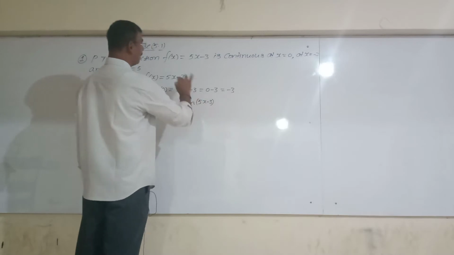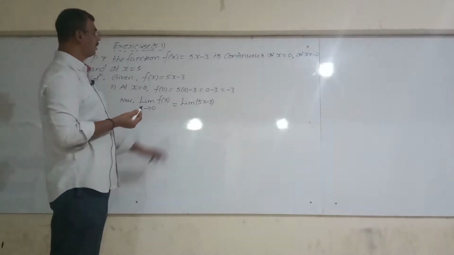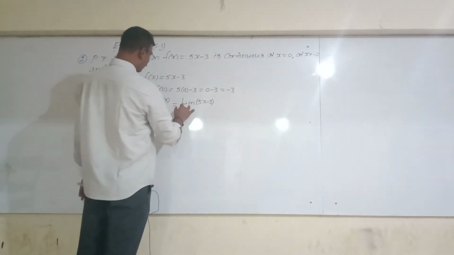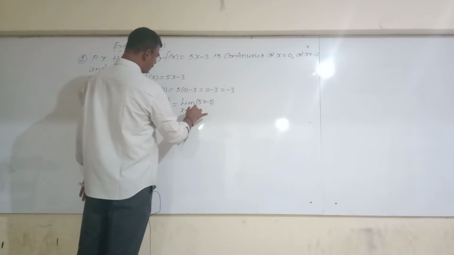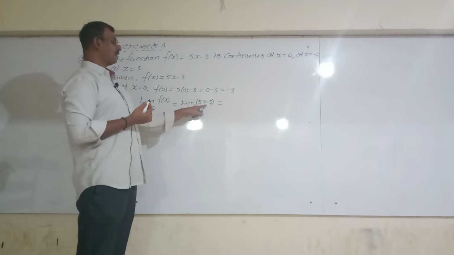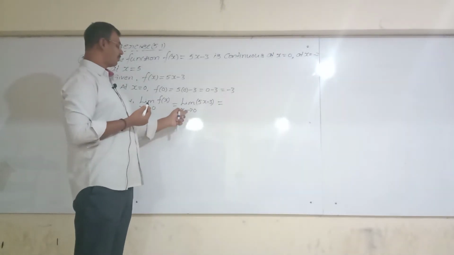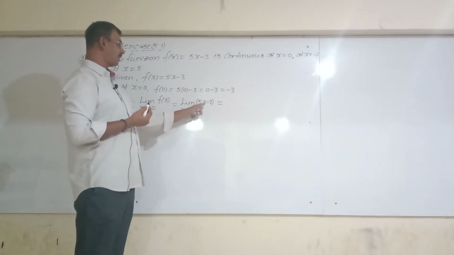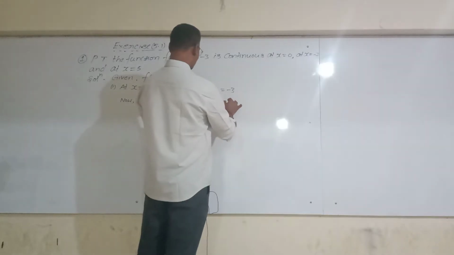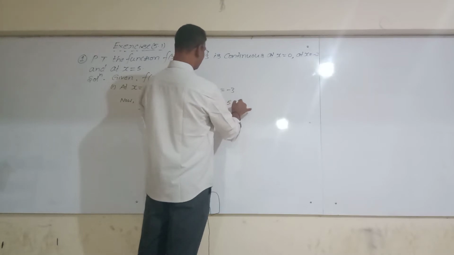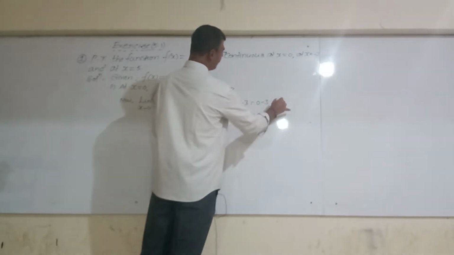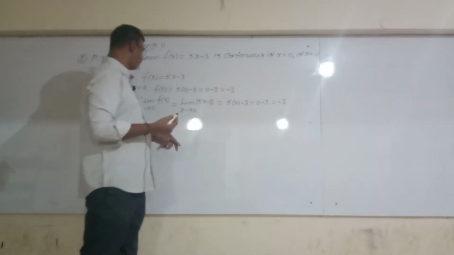Here we don't have any break conditions, so directly I apply the limit as x approaches 0. We know the limits concept, so replacing x by 0: 5 into 0 minus 3 is equal to 0 minus 3 is equal to minus 3.